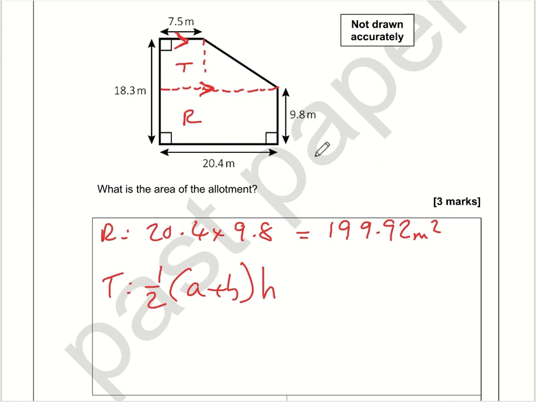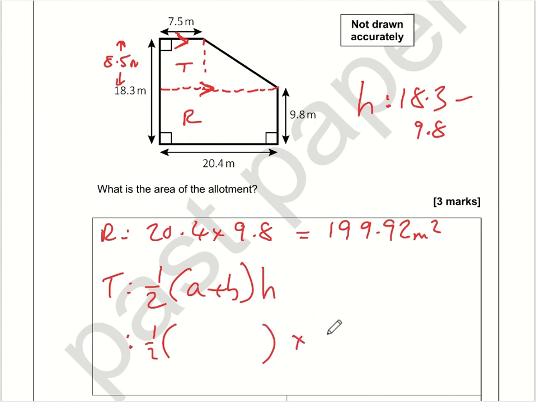Now the height, H, is going to be 18.3 minus the 9.8, and 18.3 minus 9.8 is 8.5. So this is 8.5 meters. So far I've got a half of A plus B multiplied by 8.5. A is 7.5 and B is 20.4.